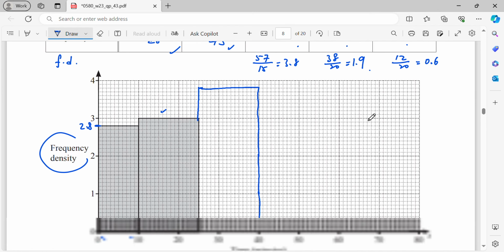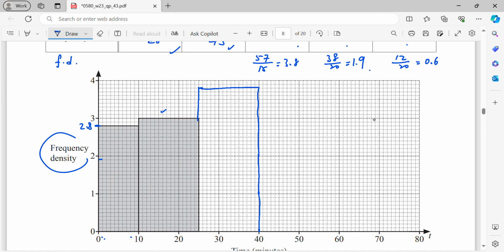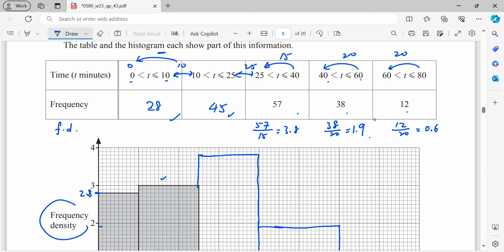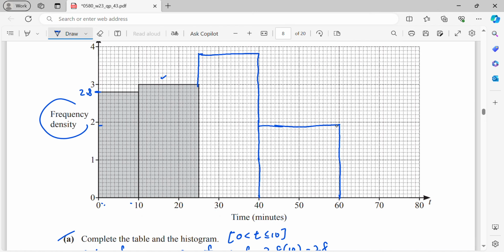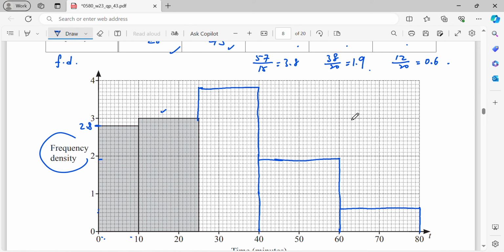The height is 1.9, so 1.9 is here. Lastly, 60 to 80, the height is 0.6. Here is 0.5, 0.6. And this is the histogram. When drawing, please use a ruler and make sure it is a straight line.